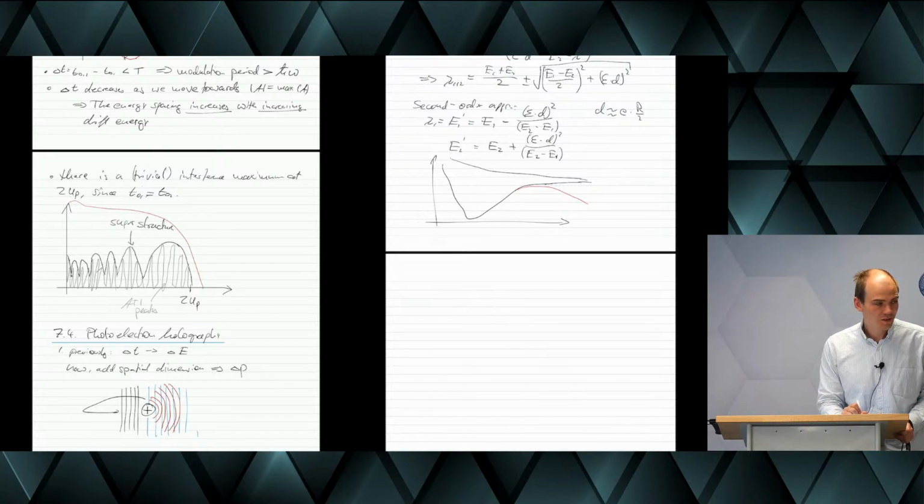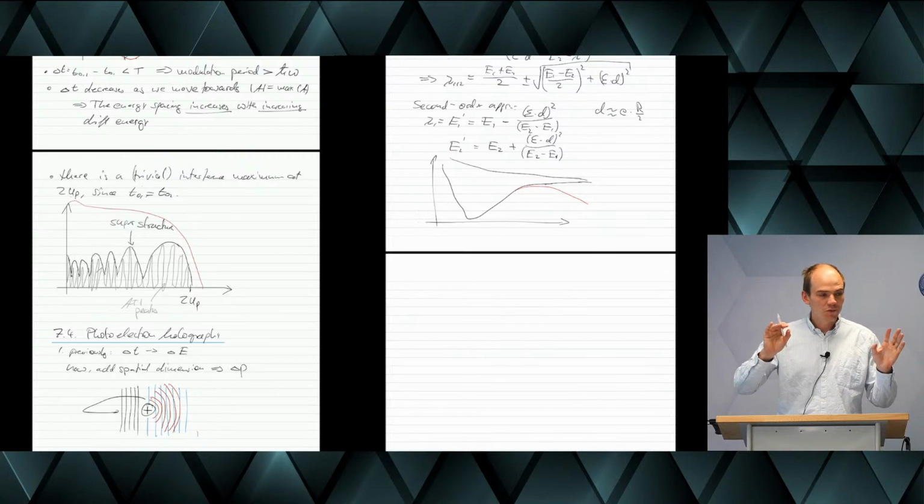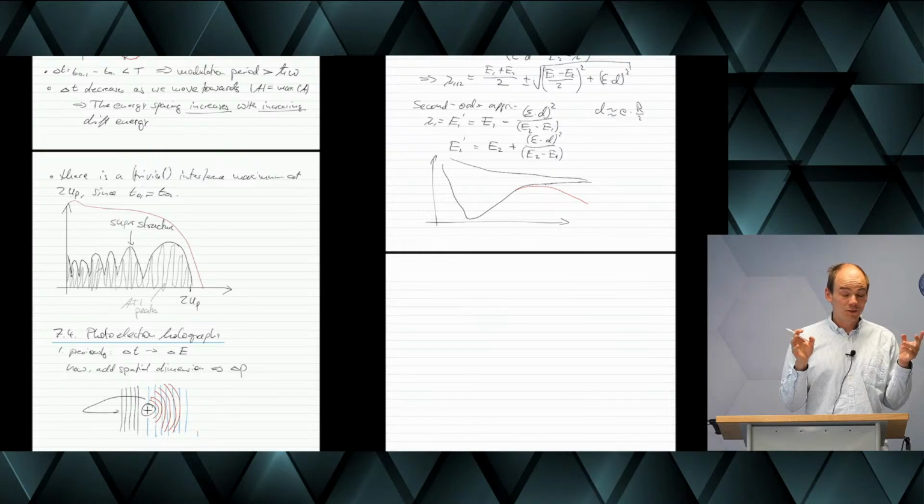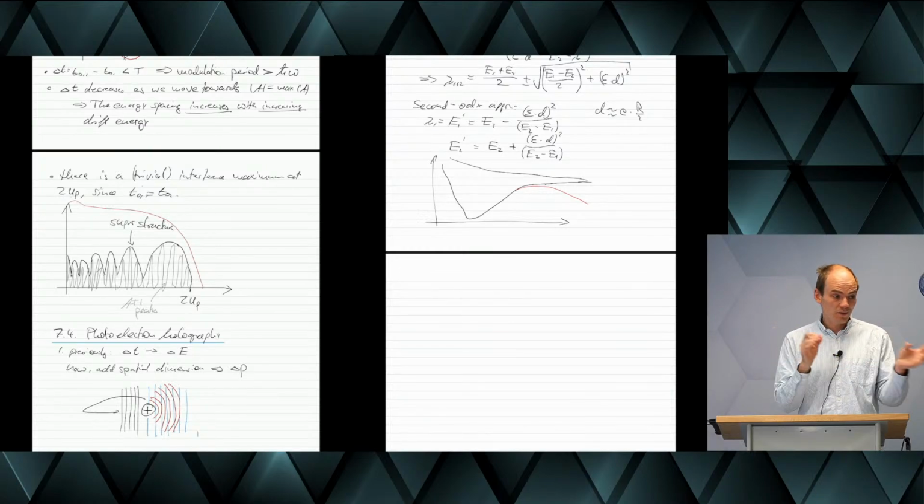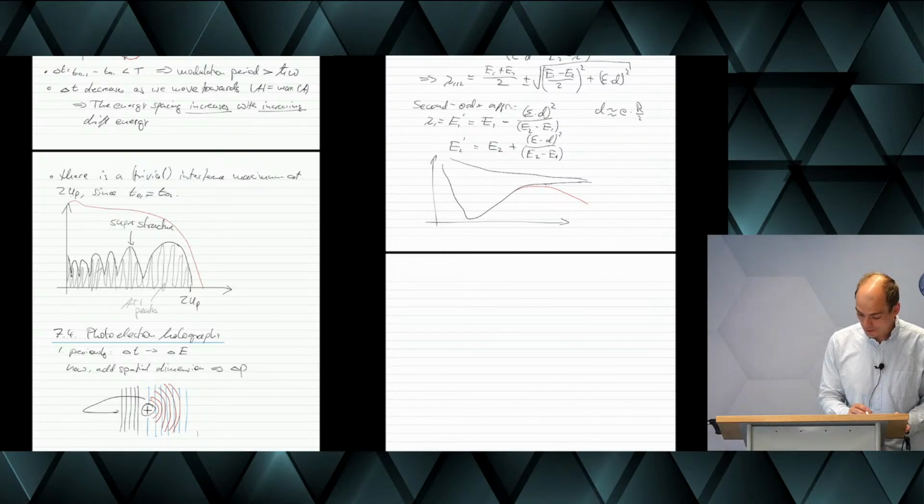For large internuclear distances, this makes sense because the electron has to localize on one of these two atoms. The internuclear distance is R, and that means the length that goes into the dipole is actually R over 2. So this is an approximation for the dipole, and this goes roughly with E times R squared.